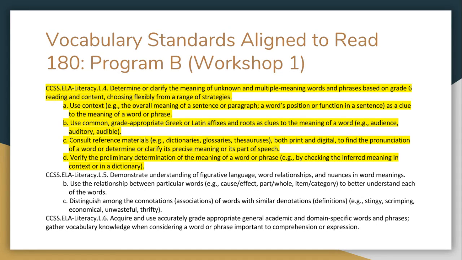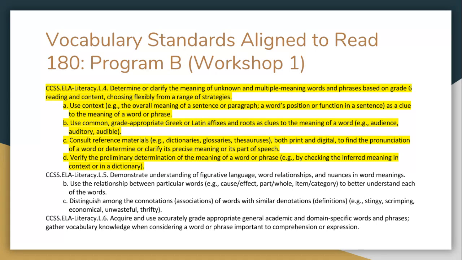We also have demonstrating understanding of figurative language, word relationships, and nuances in word meanings, as well as acquiring and accurately using grade level and general academic and domain specific words and phrases. So all of these are found explicitly in Read 180, with the exception of what I highlighted, which I will describe a moment later.